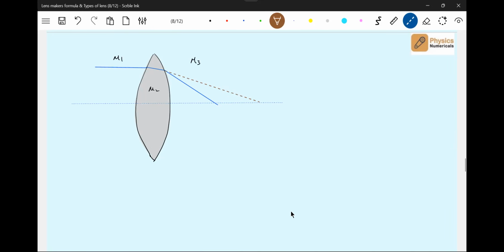It wants to converge here. I'll just show like this here, I think this will be sufficient. These are the normals. So this is the incident ray, refraction, refraction.